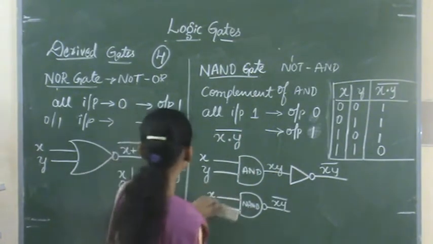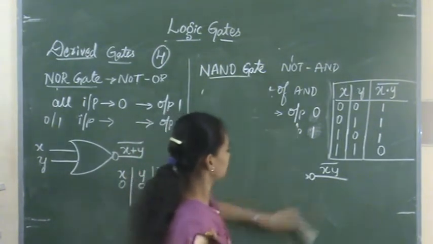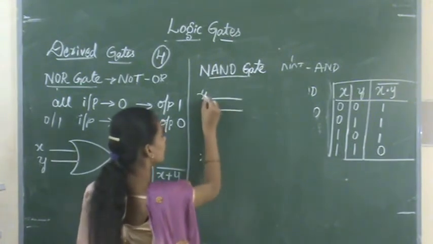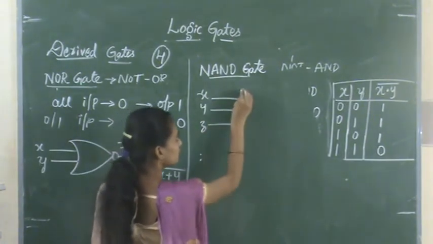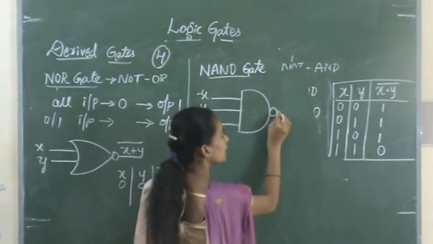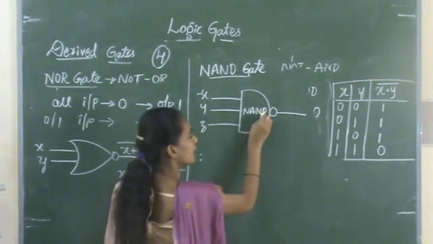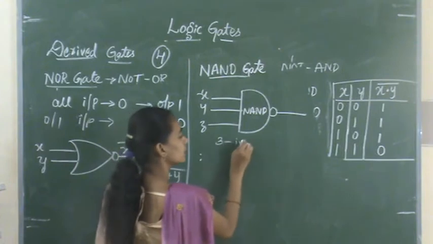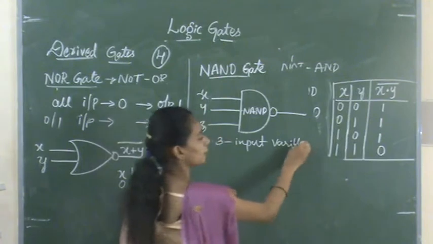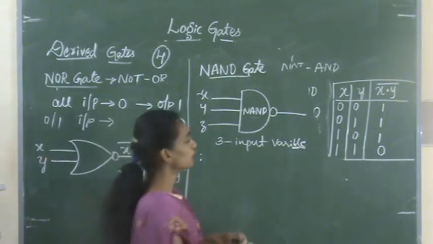The same way. If I am providing 3 inputs X, Y, Z, write the AND gate, add a bubble, and then the result. So this is the NAND gate for a 3 input variable. So how to write the truth table for a 3 input variable?